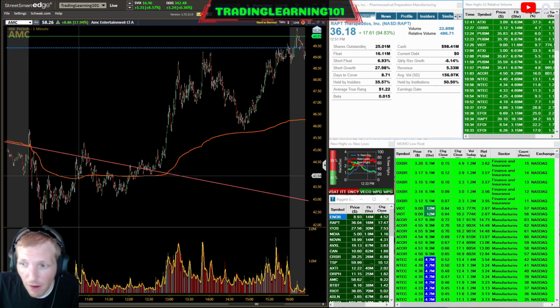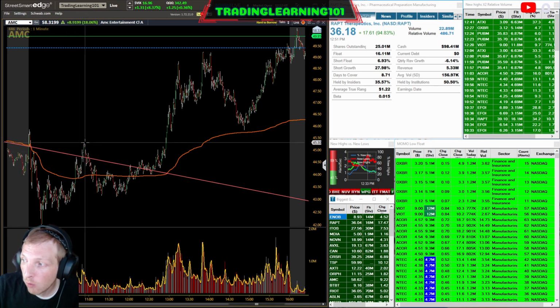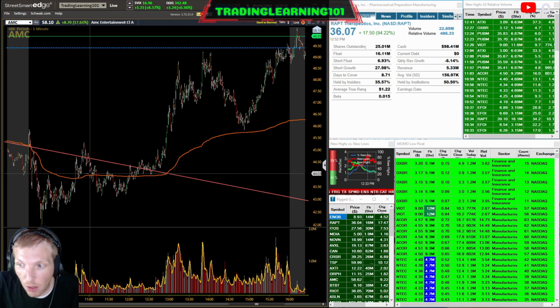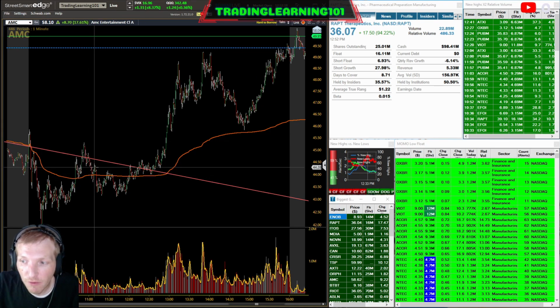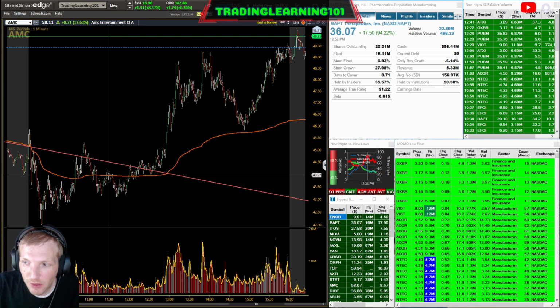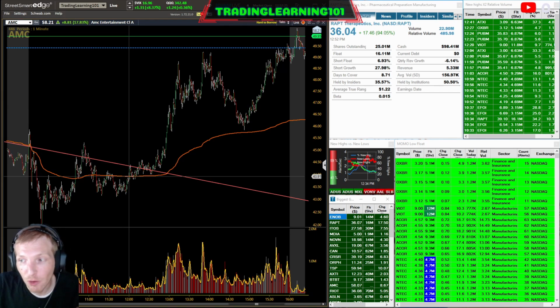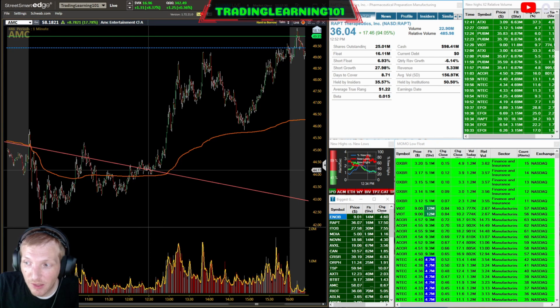Bounces right off that VWAP at $44 and runs up to $45.30. So a nice $1, almost 50-cent bounce. Comes back down, bounces off of it again, falls through it. Now it's holding as resistance, falls through it, comes back, reclaims VWAP, and goes sideways on the VWAP.